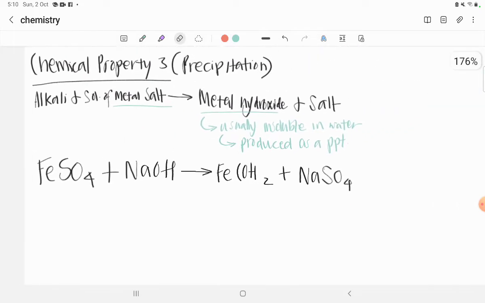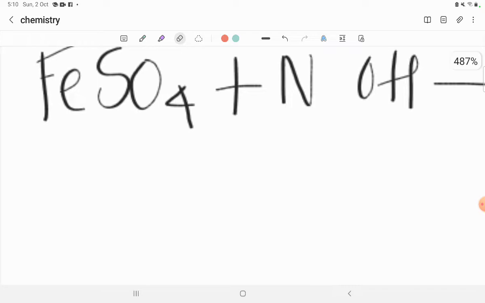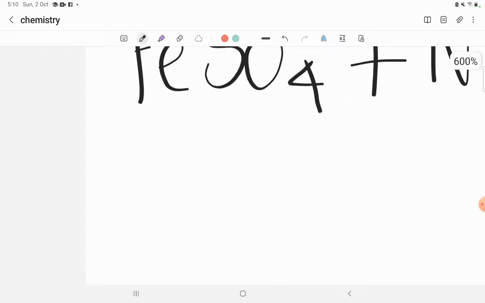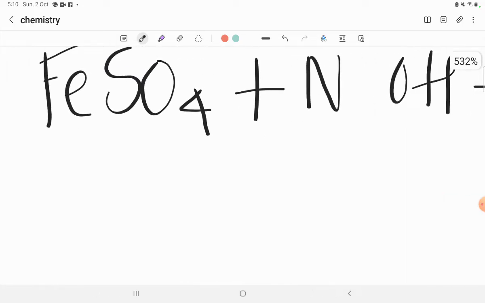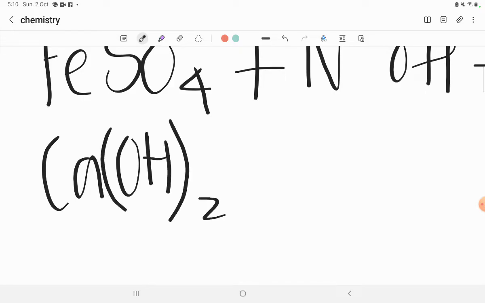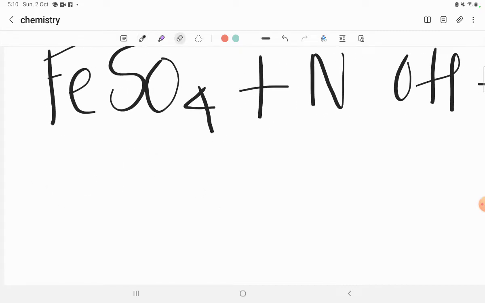Okay, so one more example, since it's a new chemical property. Calcium hydroxide, CaOH. Actually, you know what, we've done calcium hydroxide already.